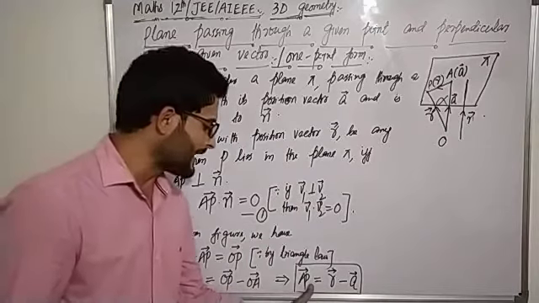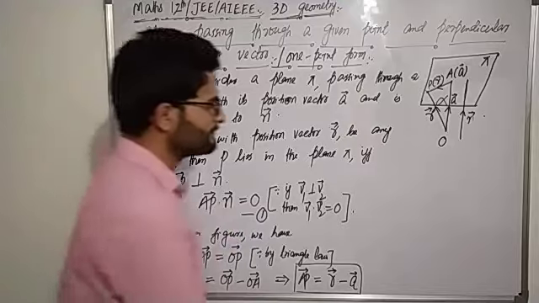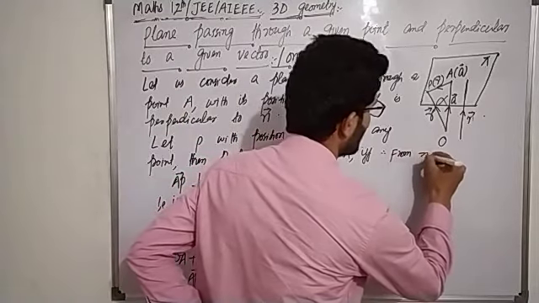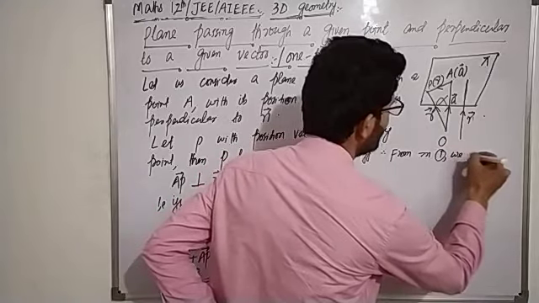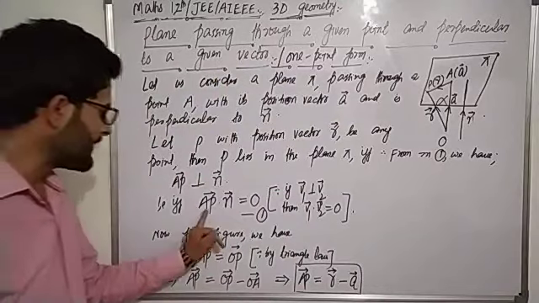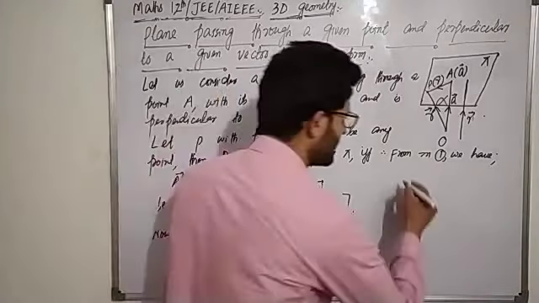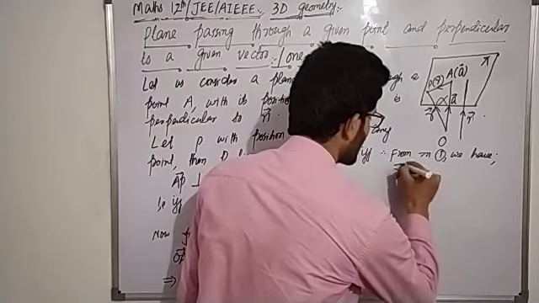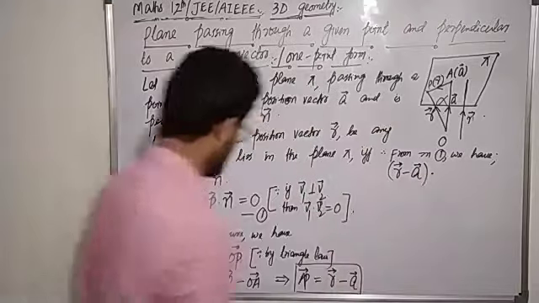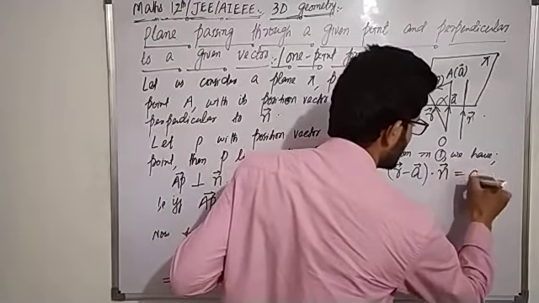Now put the value of AP vector in equation first. So from equation first we have AP vector dot N vector is equal to 0. AP's own value is r vector minus a vector, so r vector minus a vector dot N vector is equal to 0.